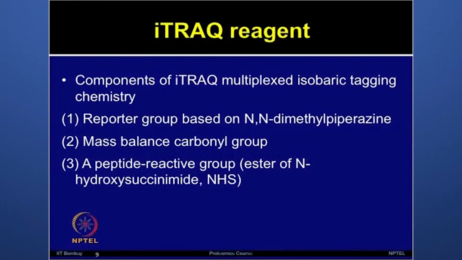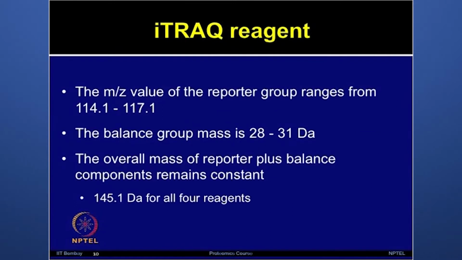So, as I briefly talked, there are 3 major components of the iTRAQ reagent. One is the reporter group, which is based on N,N-dimethyl piperidine or DMP. Second is a mass balanced carbonyl group, and third a peptide reactive group, which is an ester of N-hydroxysuccinimide, NHS. The mass to charge value of these reporter groups ranges from 114.1 to 117.1 if you are using a 4-plex reagent.